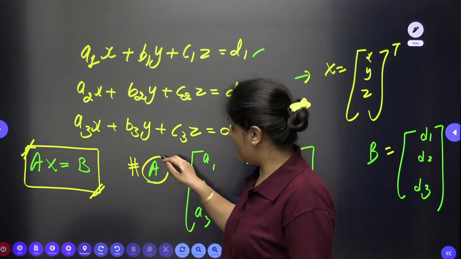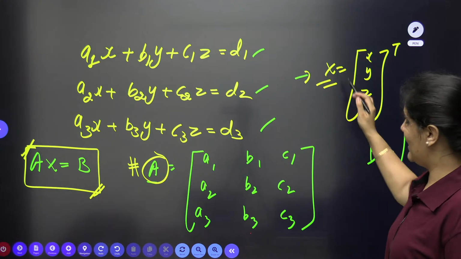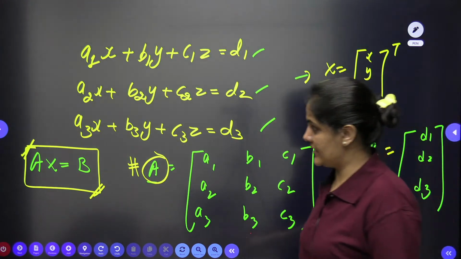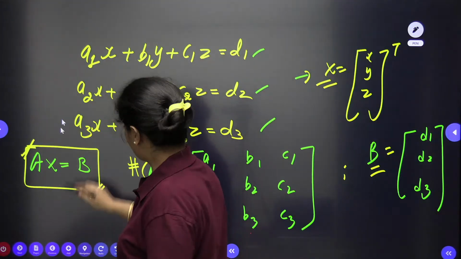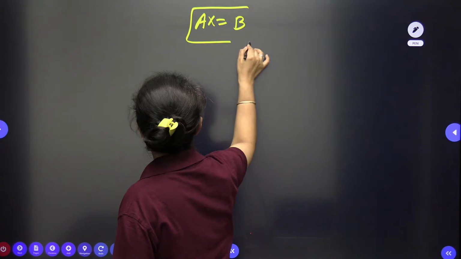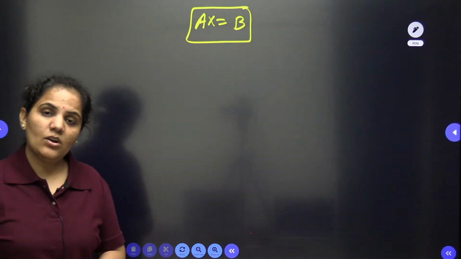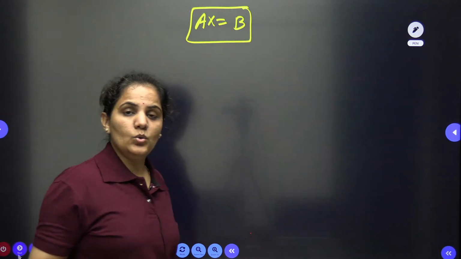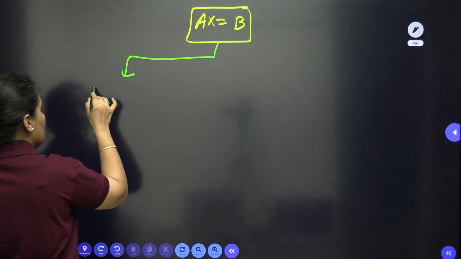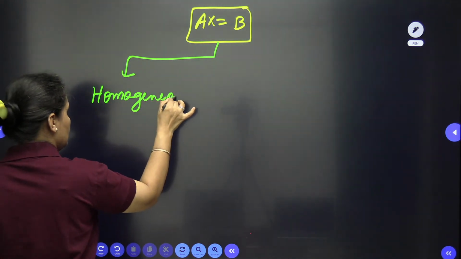This A is called the coefficient matrix, this X is called the variable matrix, and this B is called the constant matrix. So if I have Ax = B, this is my system of equations. The linear system of equations has two types. First is the homogeneous system of equations.